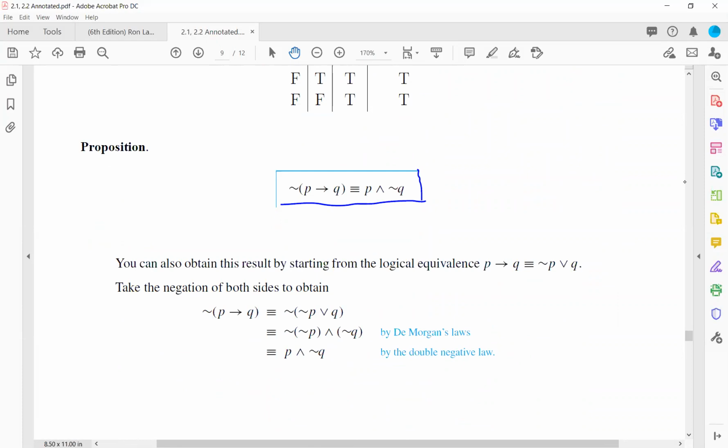The negation of P then Q: you copy down the negation, and instead of P then Q, you use not P or Q. Then you use De Morgan's laws to distribute the negation over the parentheses. Not not P is P, not or is and, not Q. So the negation of P then Q is the same as P and not Q.